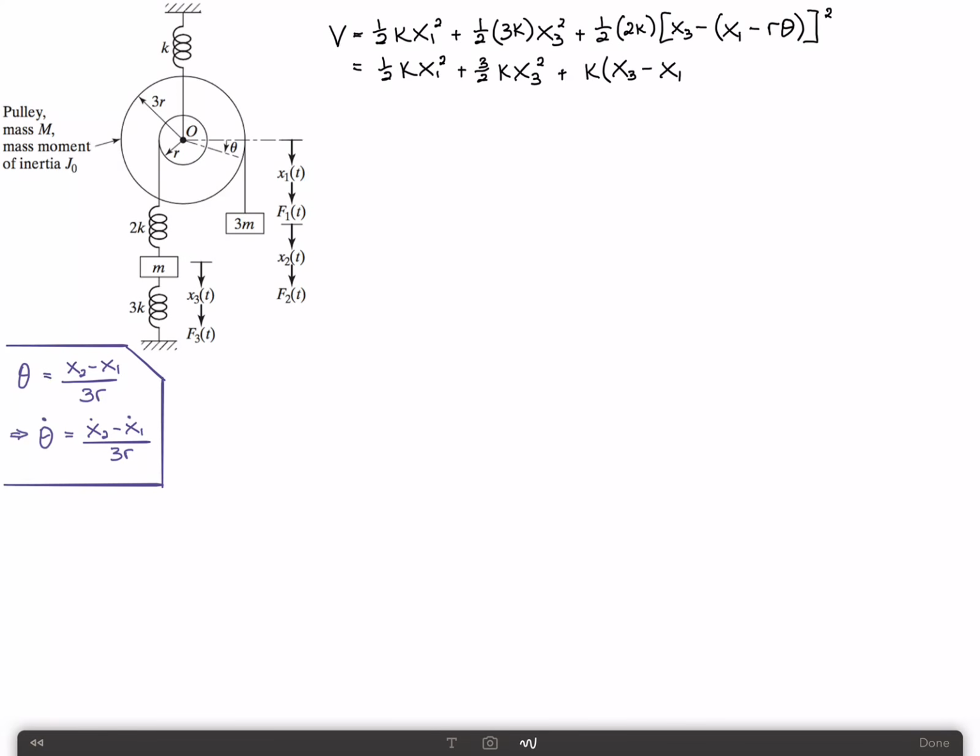But r theta from here is just (x2 minus x1) divided by 3. So this is plus ((x2 minus x1) divided by 3) quantity squared. And I'm not going to bother simplifying it. In general, I find when using Lagrange's equations, you're going to take the derivative anyway. So rather than multiply this all out, we'll just leave it in this form. We'll call that equation 1.